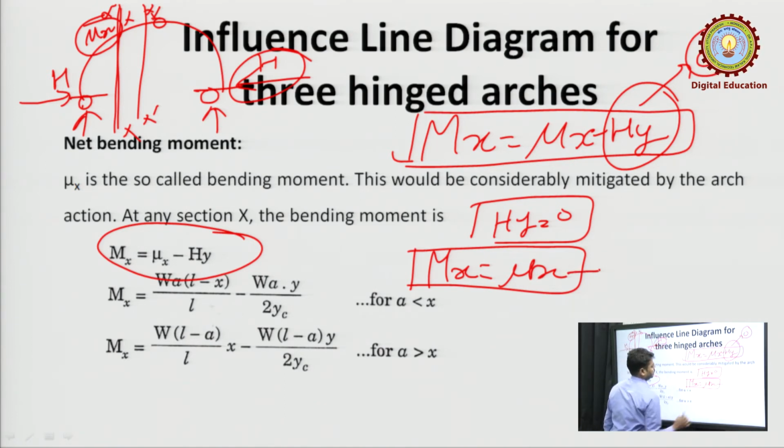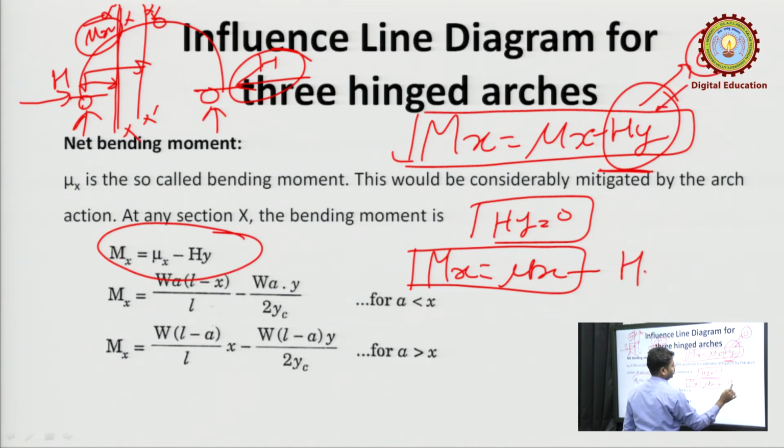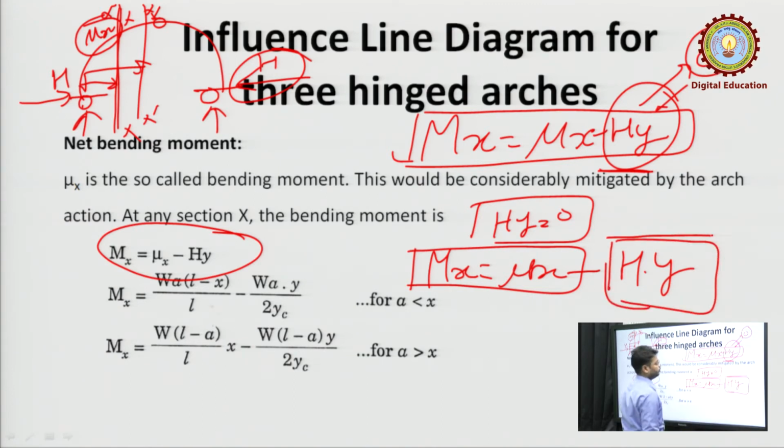If your section is transferred from here to here, then the force working on this arch is in the form of Hy. The force will be H into Y. Because of this reason, we are taking net bending moment Mx equal to mu x minus Hy.